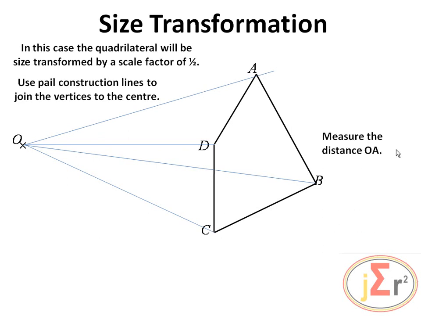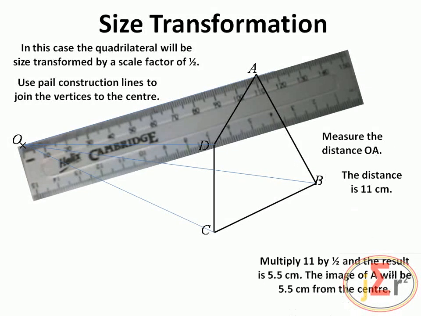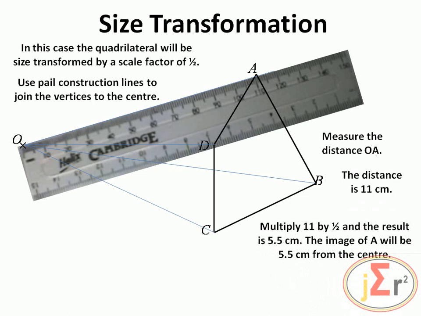Measure the distance OA. The distance is 11 centimeters. So multiply 11 by a half and the result is 5.5. The image of A will be 5.5 centimeters from the center.